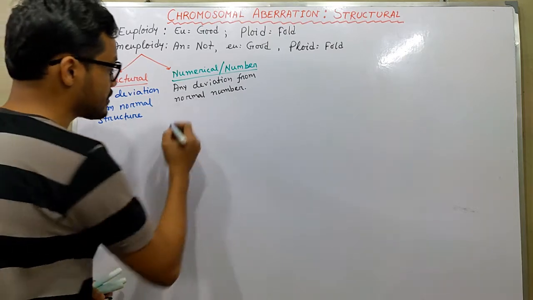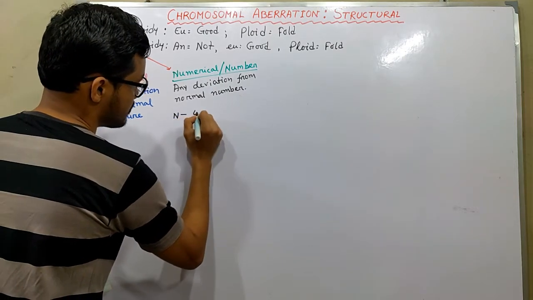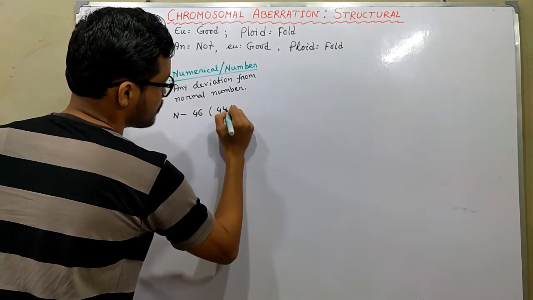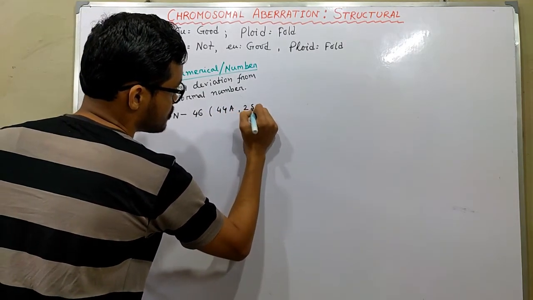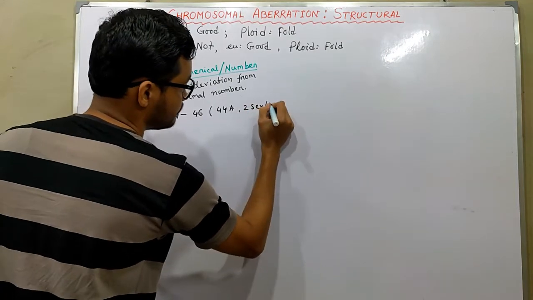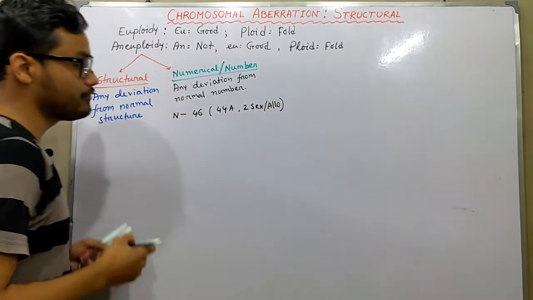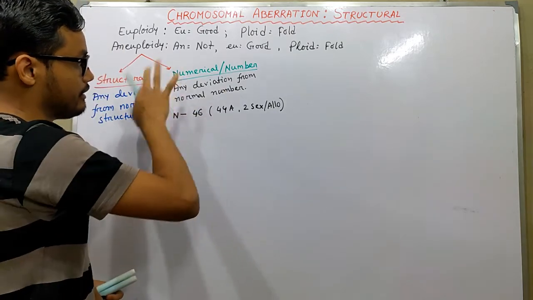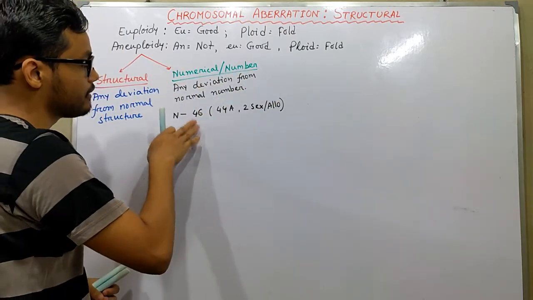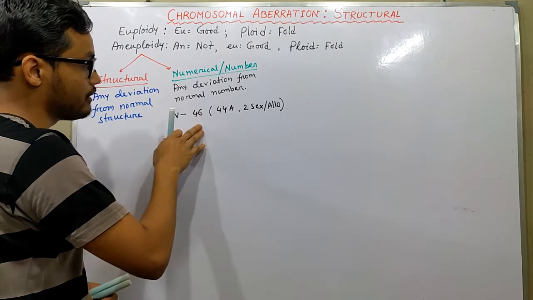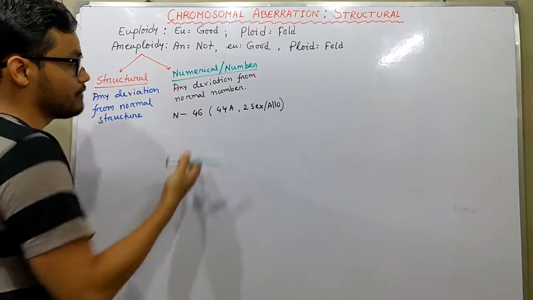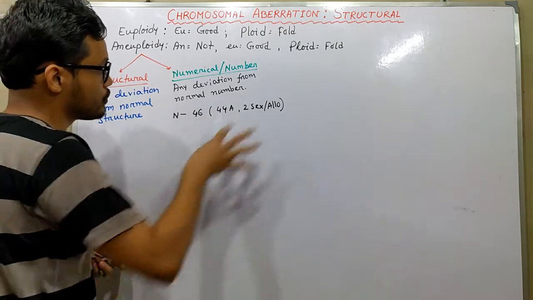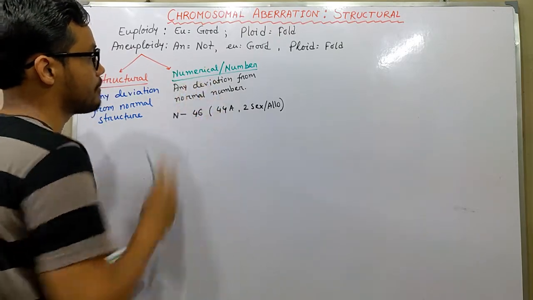In a human cell, the normal number is 46, that means 44 autosomes and 2 sex chromosomes, or allosomes. So 44 autosomes and 2 allosomes. Here, in numerical aberration, if the number deviates from 46, that means either an increase or a decrease, then it is termed numerical aberration.